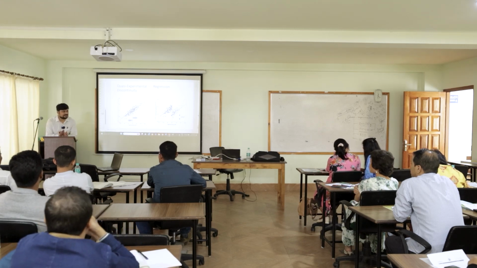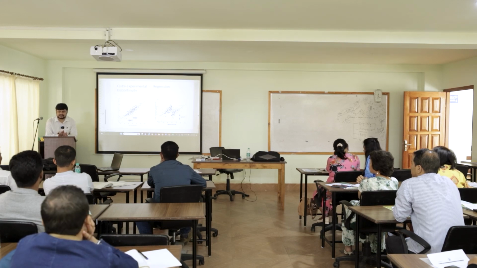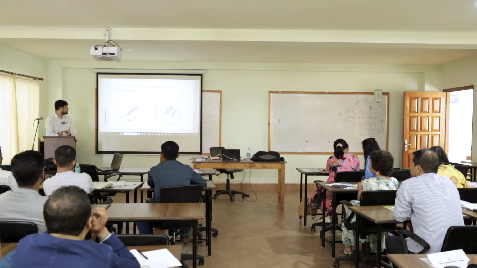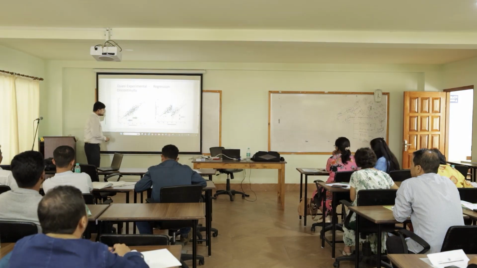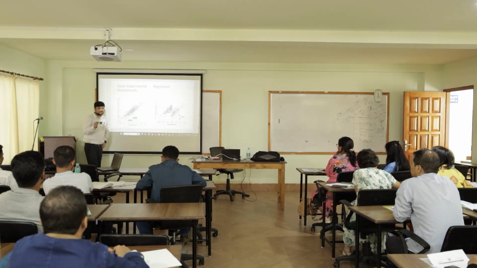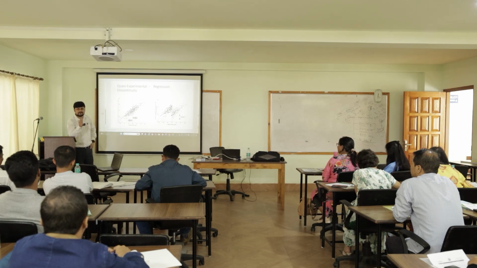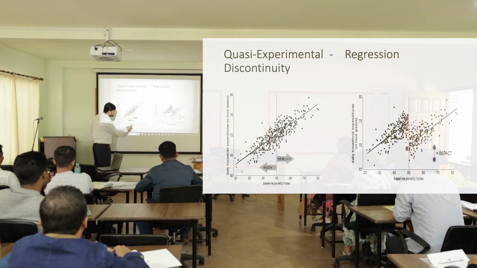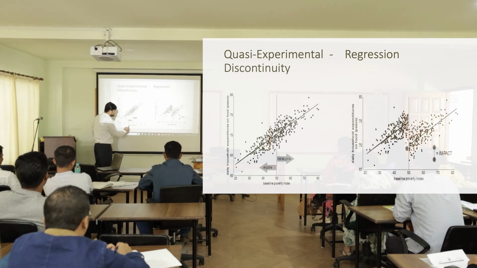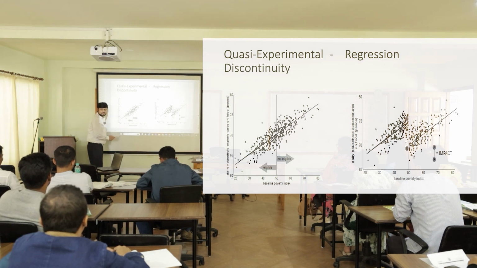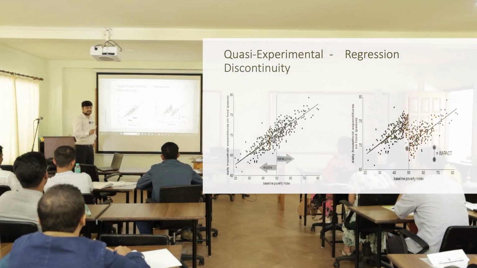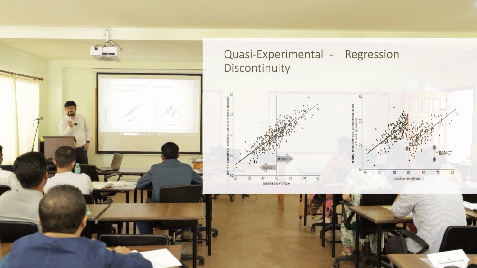Now, this is where RDD, regression discontinuity design, starts. You have this graph with you already. Let's assume that your program has a cutoff of certain percentage points. For example, people who are falling in the poverty index lesser than 50, whose scores are lesser than 50, will be eligible for receiving the program benefits.